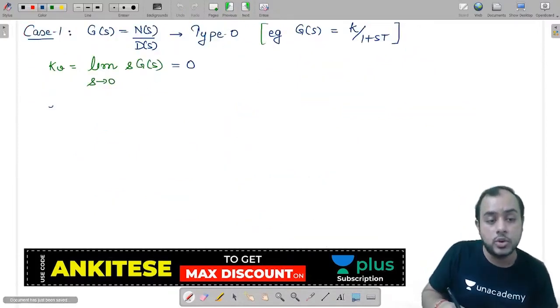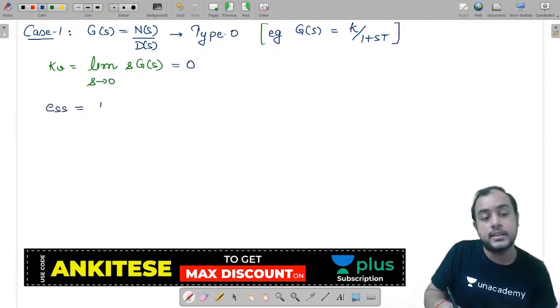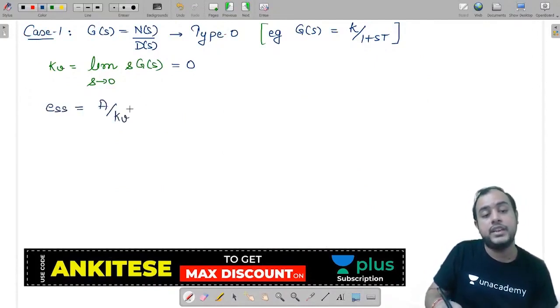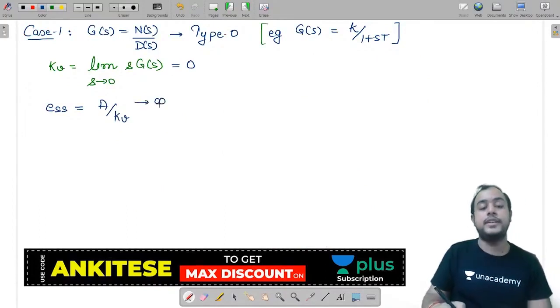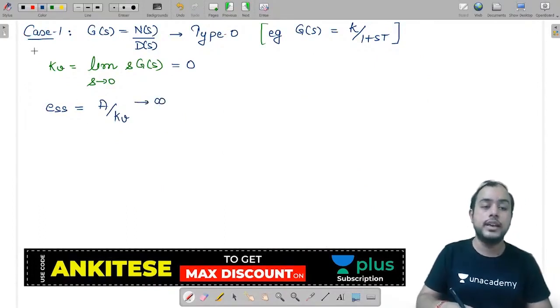Now if Kv is 0, the steady state error A by Kv tends to infinity.